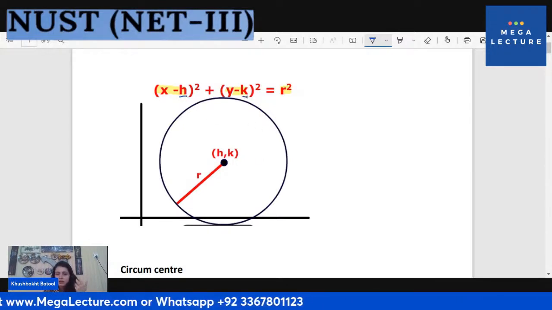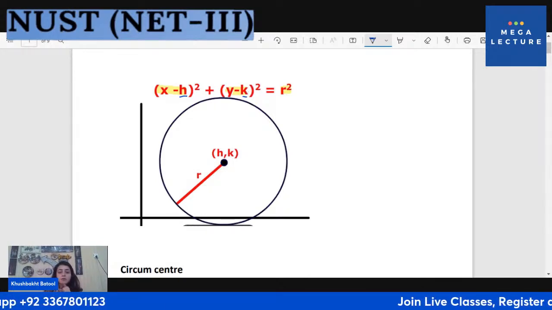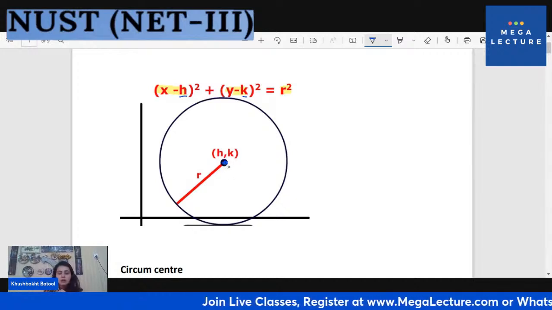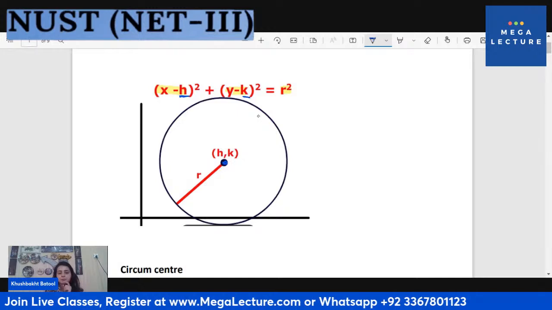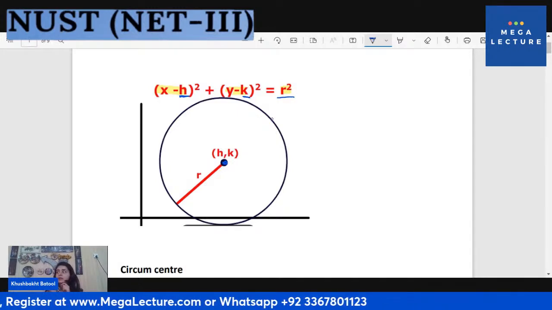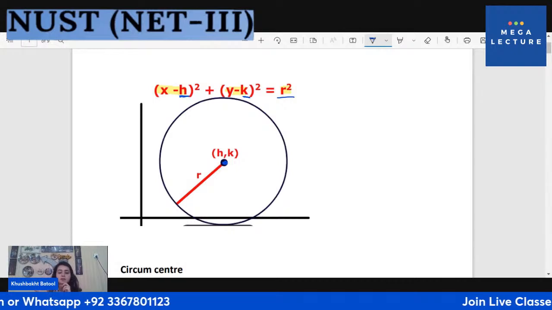This h and k are the x and y coordinates respectively of the center. So this is a circle, this is the center. The coordinates of center are h and k, and this is your h and this is your k. What is this r squared? This r squared is basically the square of the radius of the circle, right?